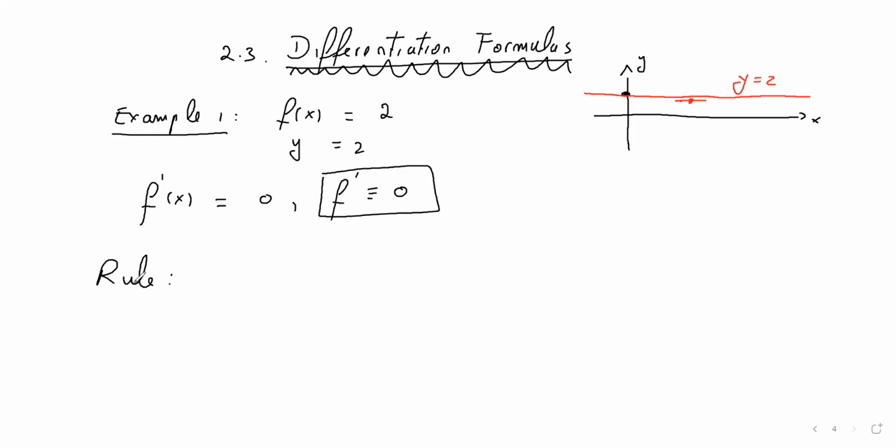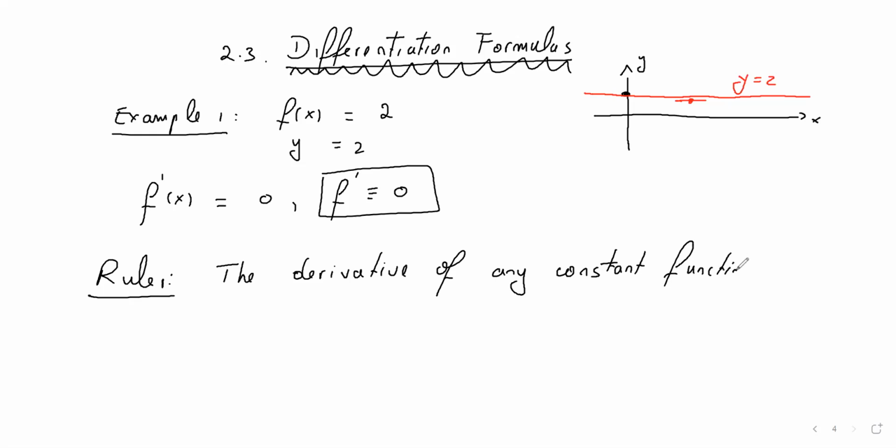Rule 1 here, folks: the derivative of any constant function is 0. So that is something that you all should remember.